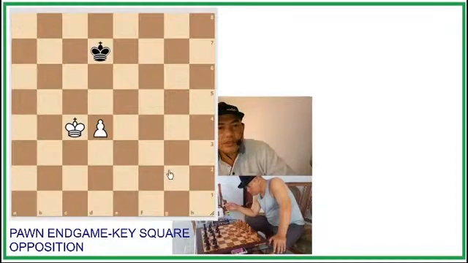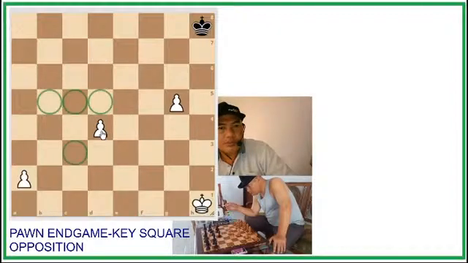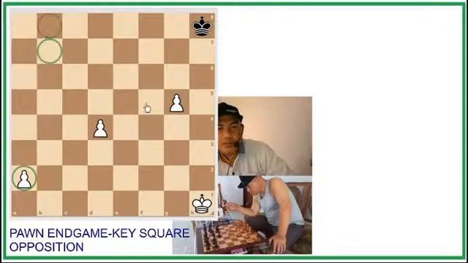As we know, the key square, when you get the pawn found on H file, then the key square is here.